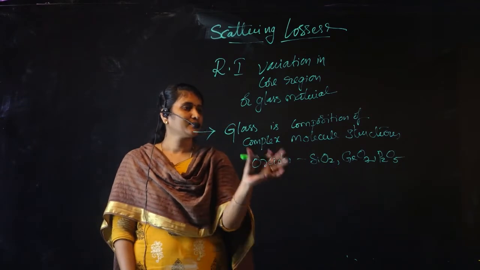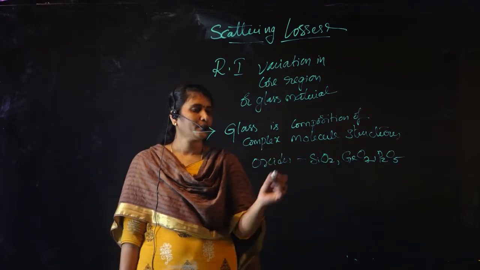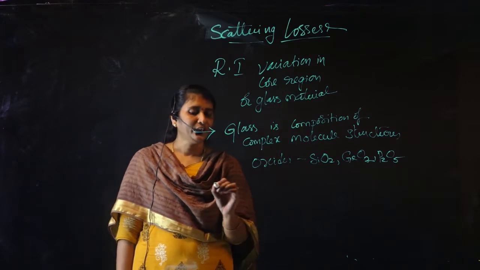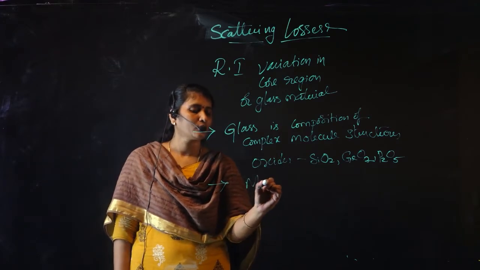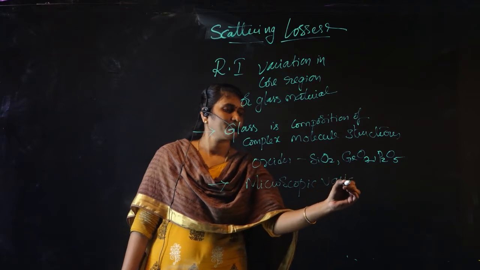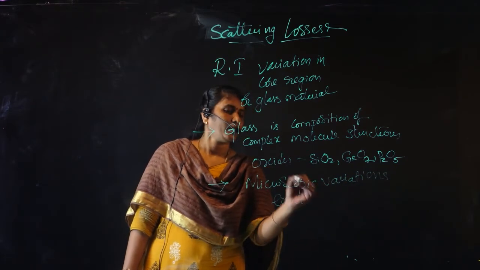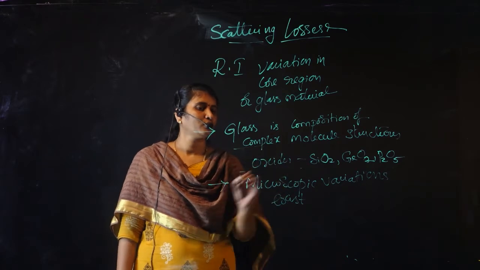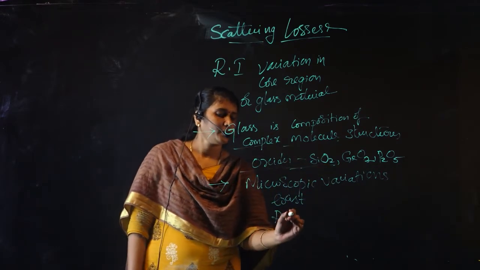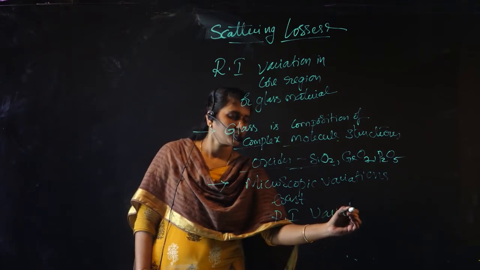So as the glass is a combination of different complex molecule structures and the oxides, during the manufacturing process of this glass material, if any microscopic variations exist in any of these two compositions, then they will result in refractive index variations.